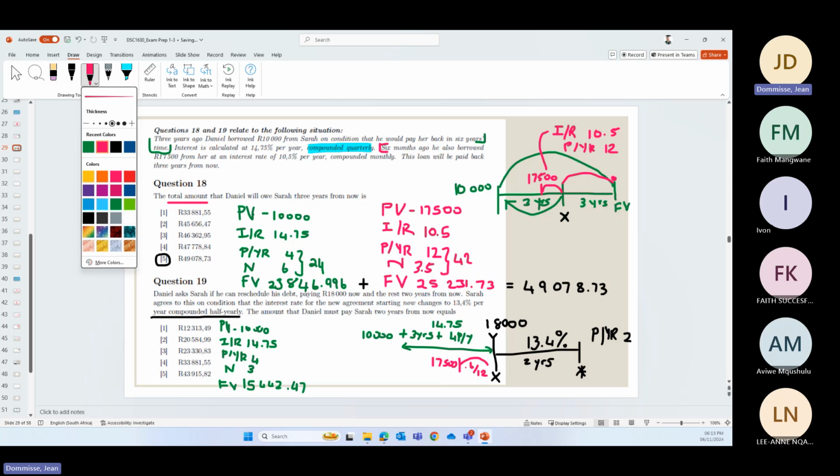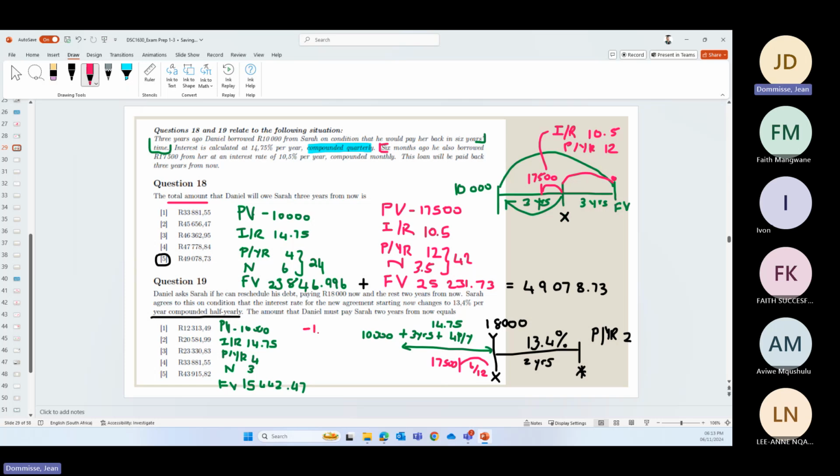Then let's do the pink component. So that is the 17,500. So again, our pink component will be definitely much less than 25,000 because it's only for 6 months. So the interest rate was still the same, 10.5.